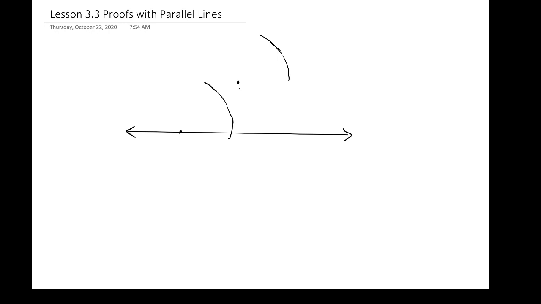Now separately, this is what I need to do here: I need to take that fixed distance and copy this angle.